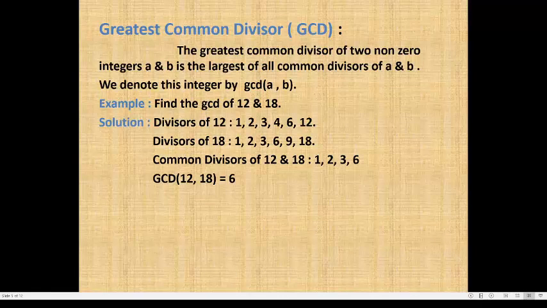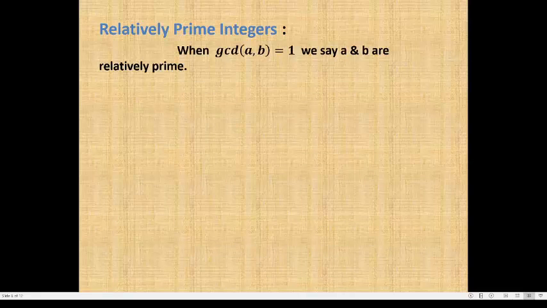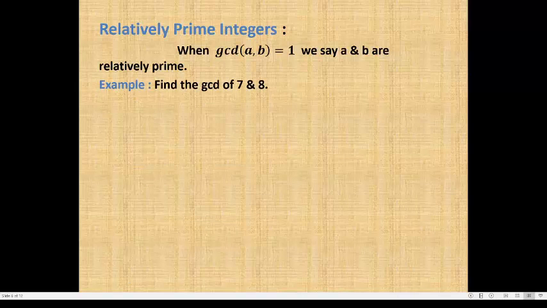Okay. Now, next, relatively prime integers. Relatively prime integers means when GCD of two integers a and b is equal to 1, then we say that a and b are relatively prime. Example, find the GCD of 7 and 8.